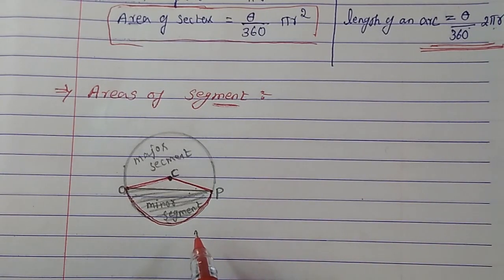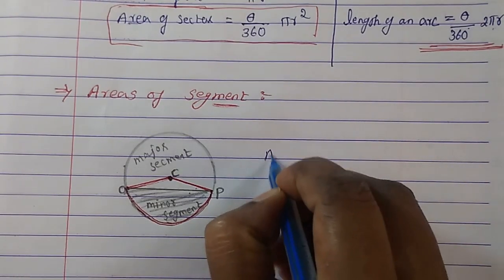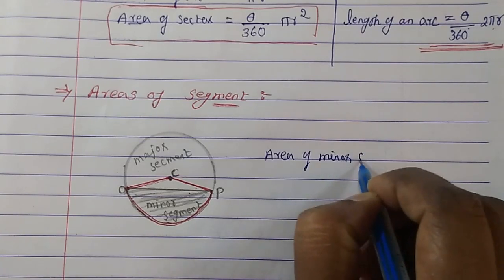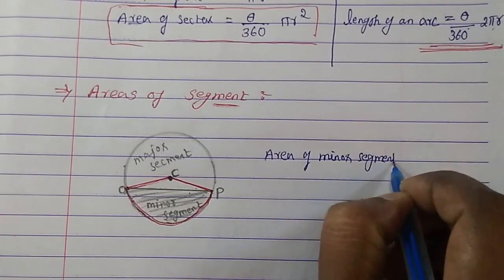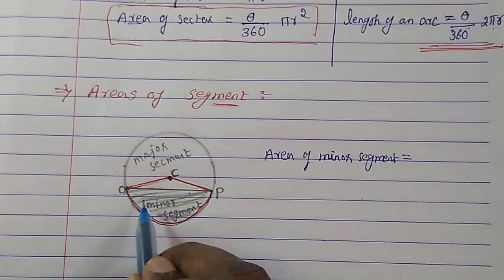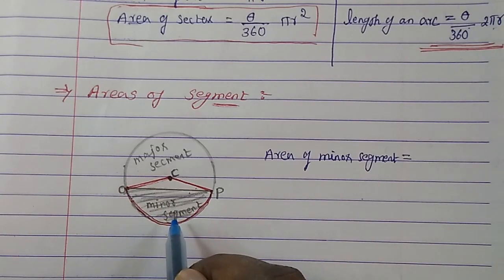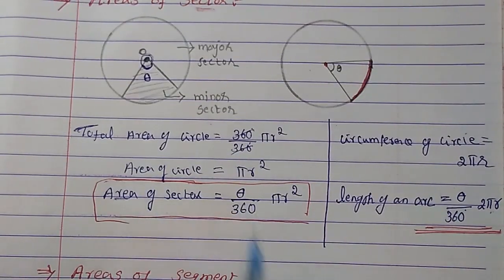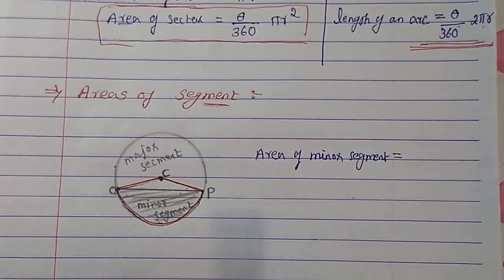To find the area of the minor segment, first we find the area of the sector, because we know the formula for the area of a sector.